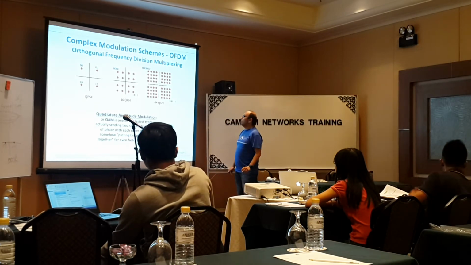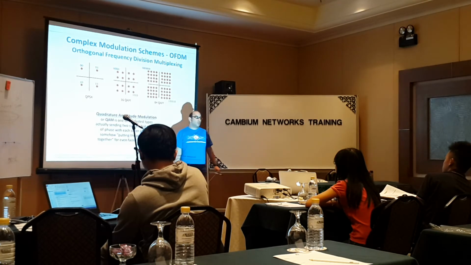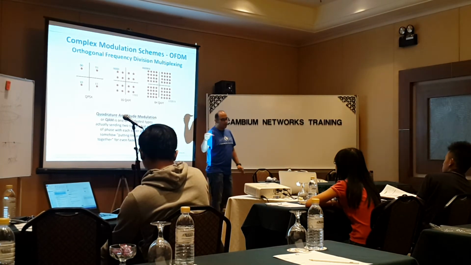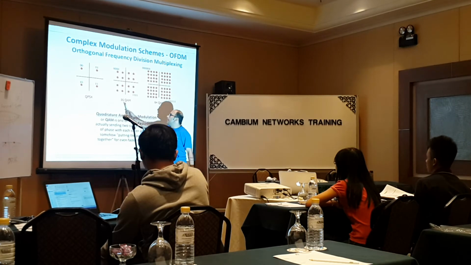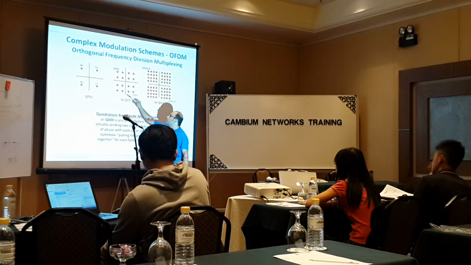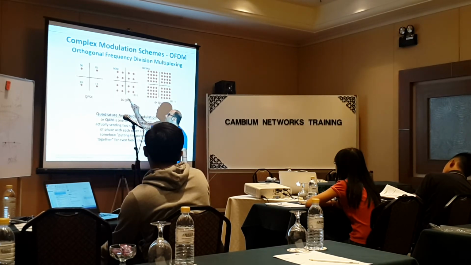Another advanced modulation is 16 QAM. QAM is quadrature amplitude modulation. So it's a type of ASK, amplitude modulation, but 16Q. 16 means at the same time you can transmit 16 symbols. Quadrature means per each symbol you can have 4 bits.